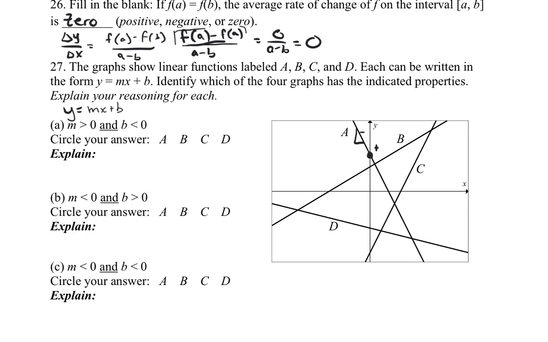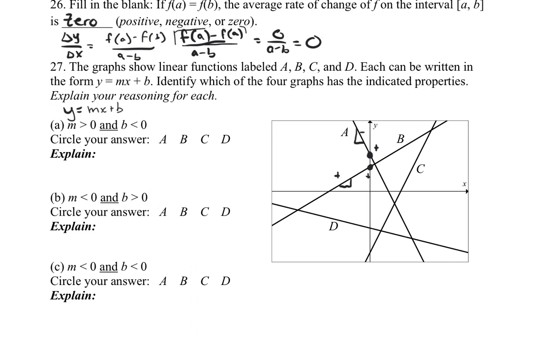And b is positive because it's above the x-axis, on the y-axis. So A has a negative slope and a positive b. B has a positive slope because it's increasing as it goes to the right, and a positive b, because it's above the x-axis.